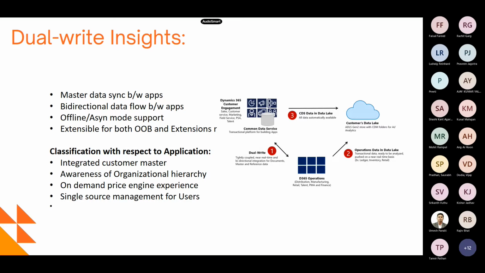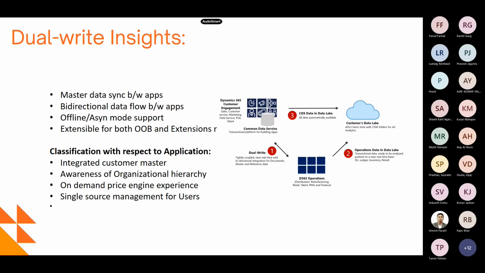There are two kinds of aspects that dual write offers. One is based on infrastructure and one is based on application. The first category is bidirectional, and it works in both offline and online modes, which means it has asynchronous and synchronous modes enabled.